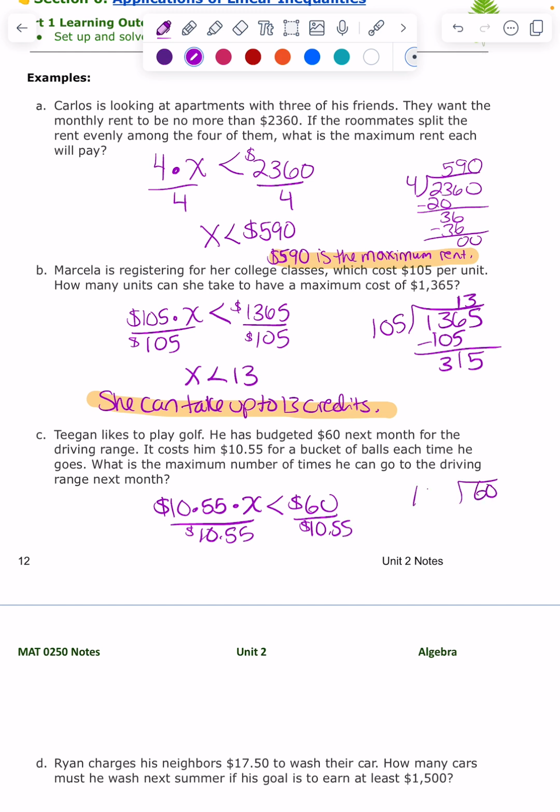60 divided by $10.55. So we have to change that $10.55 into 6,000. Probably it goes in 5 times. And then I'm going to do it over on some different scratch paper because I'm running out of room here to put all the work.